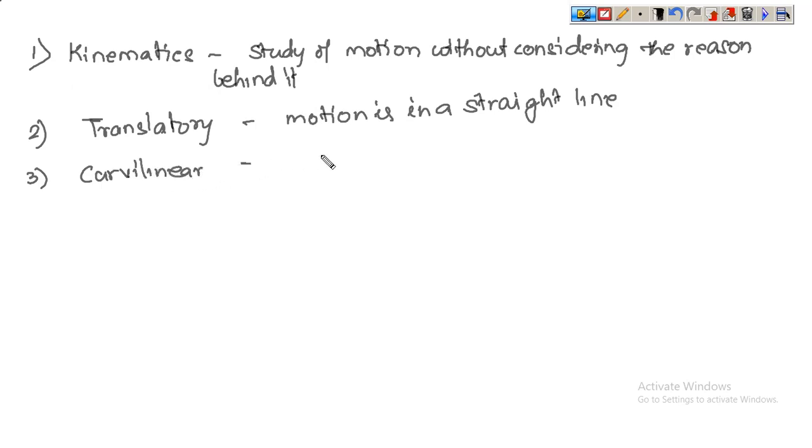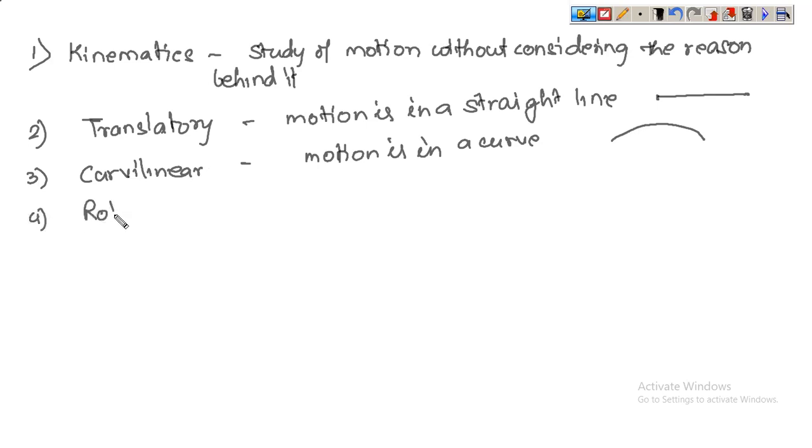In a curvilinear motion, the motion is in a curve. In a straight line, the body moves from point A to B, it has a specified distance, so we'll be calculating the terms associated with it. In this curvilinear motion, the body may follow this curve where either the curvature or the radius, some parameter will be known to you, which will help you in determining the distance that has been traveled.